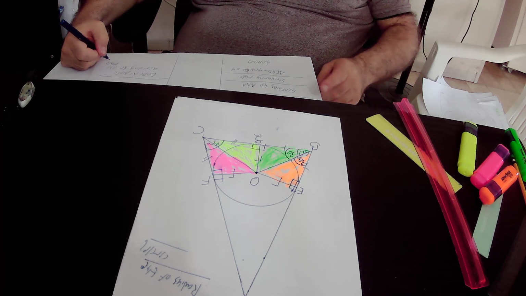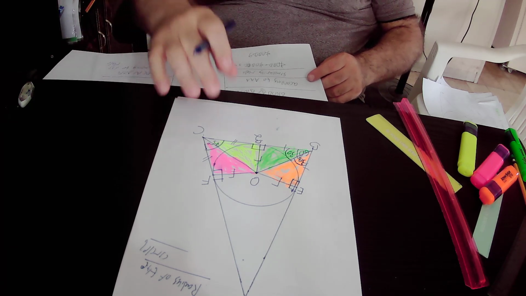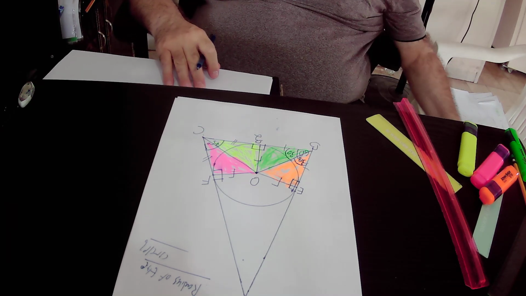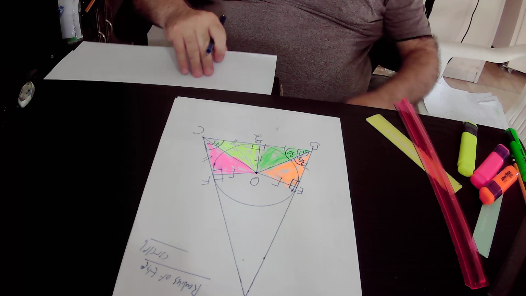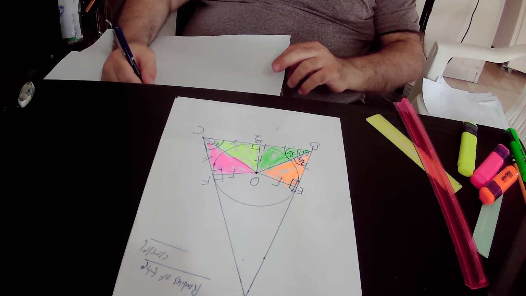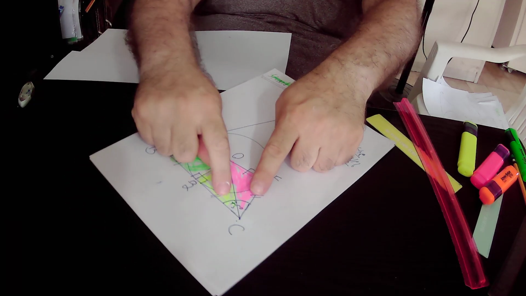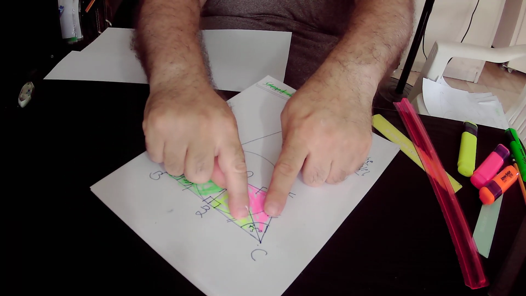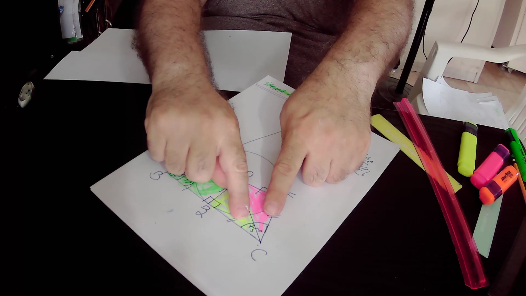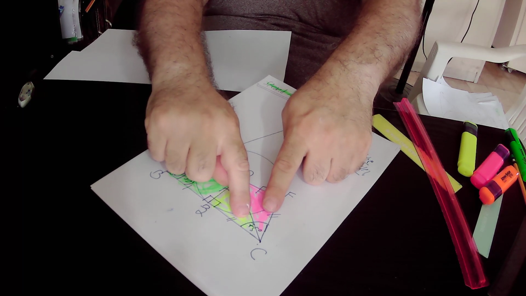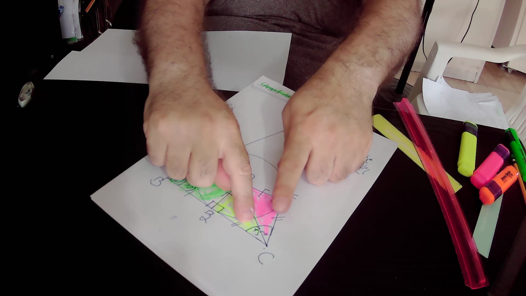From the fact that the two triangles are congruent, we derive that those two angles are equal to each other, according to the rule that corresponding angles in congruent triangles are equal. Those two triangles can go into each other, therefore those two corresponding angles must also be equal.